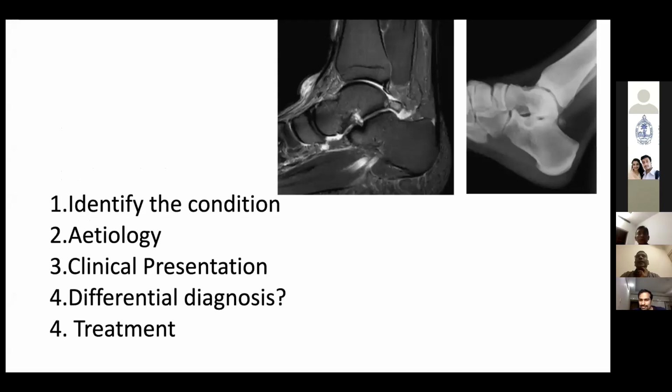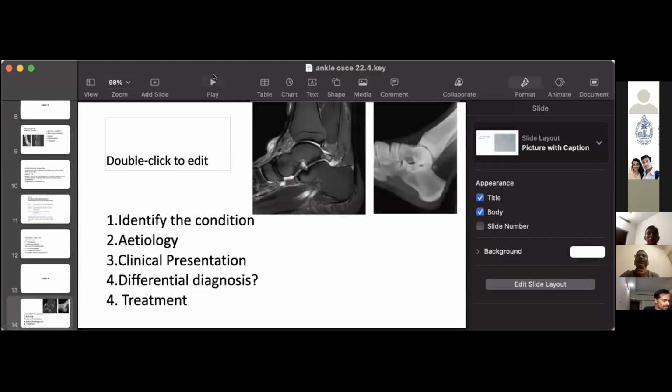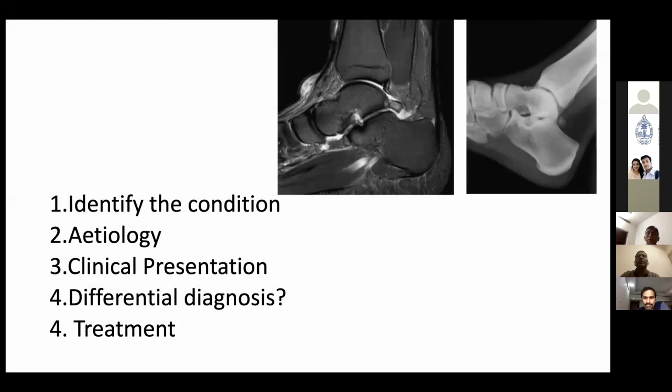So, identification, and what is it? Dr. Srijit, can you take this question?